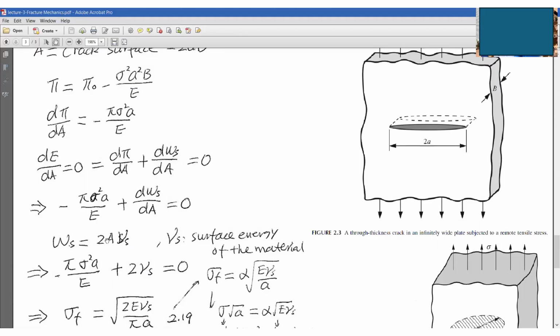So it's per unit area. This is 2A gamma S. Right? So we just plug in: minus pi sigma square A over E, plus this is 2 gamma S A, and d/dA with respect to A equals 2 gamma S equals 0.